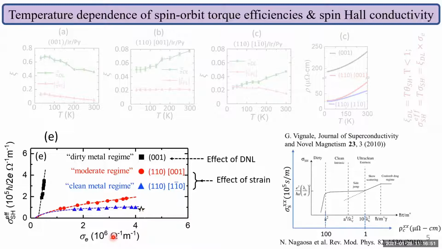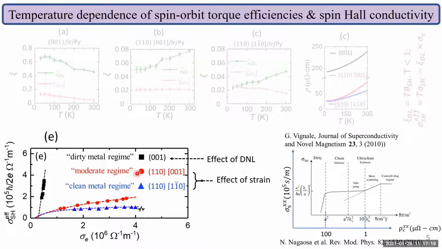That is what people would expect for a clean metal regime. And for a dirty metal regime limit, it should linearly increase, which we see for 001 oriented films. Just to remind you, the 001 oriented films' resistivity is over 200 micro-ohm centimeter. So in general, it should belong to the dirty metal regime limit, which we also experimentally verify.